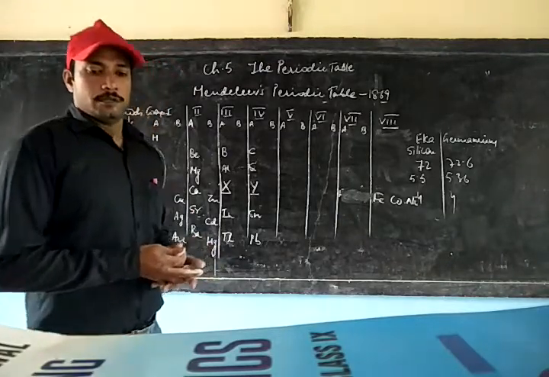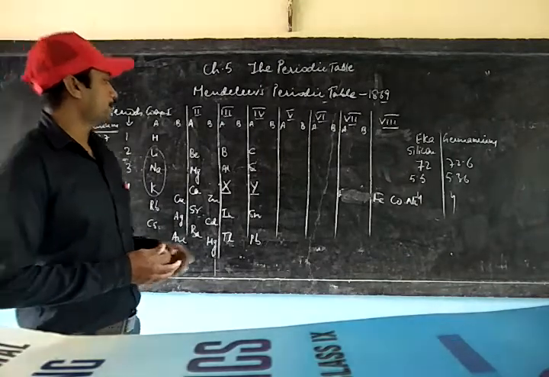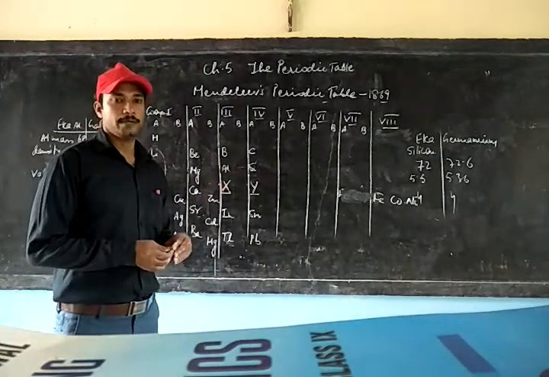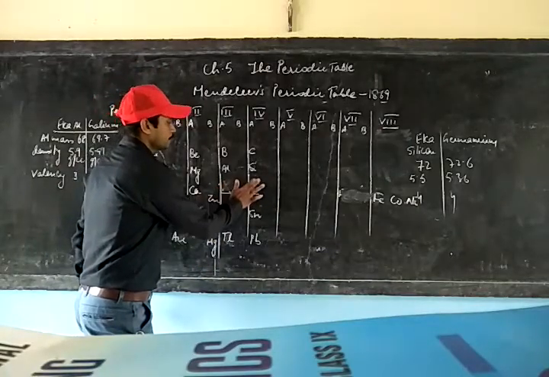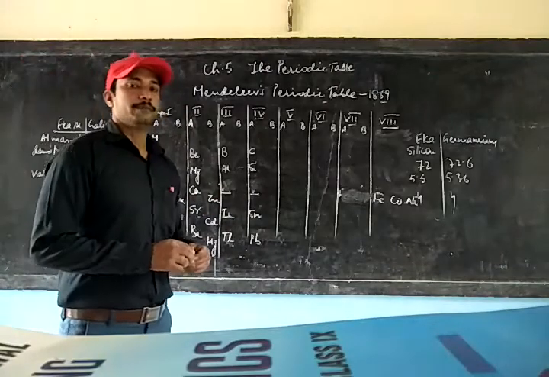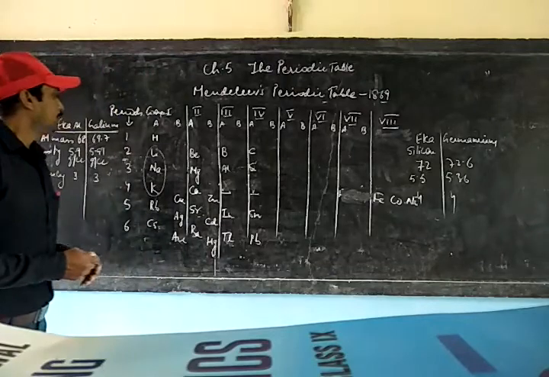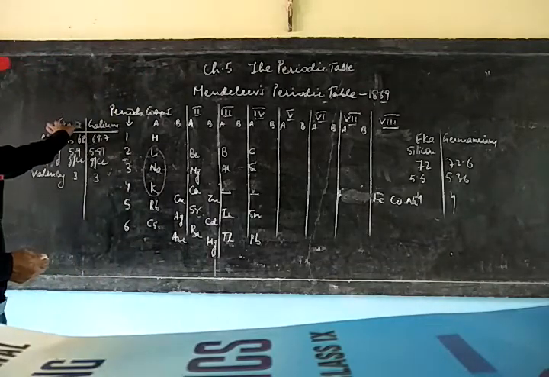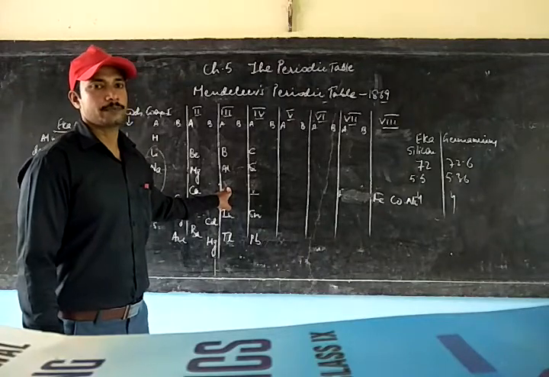Then he also predicted the properties of the undiscovered elements. These two gaps were left since the elements were not discovered, but he predicted their properties. He gave the name Eka aluminium to the element to be discovered in future.